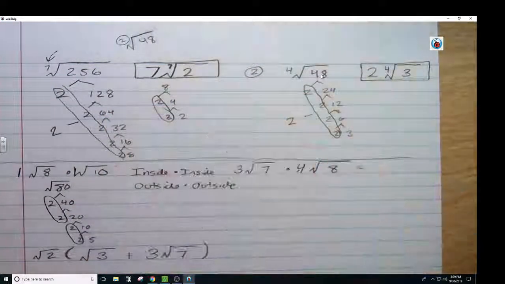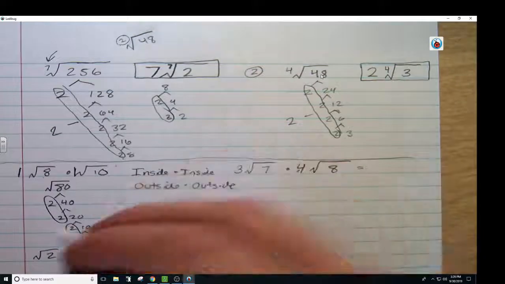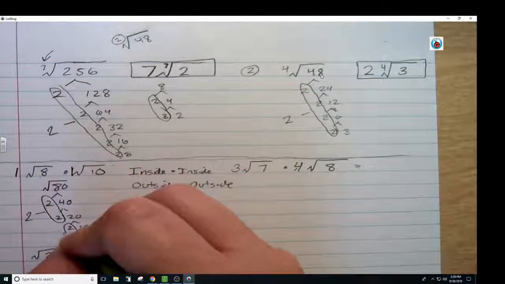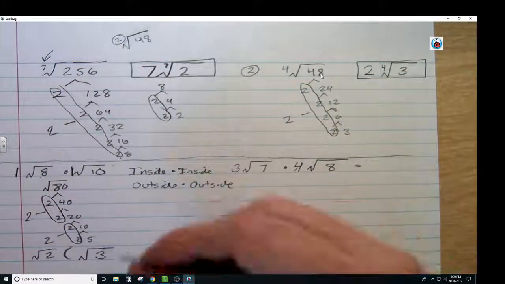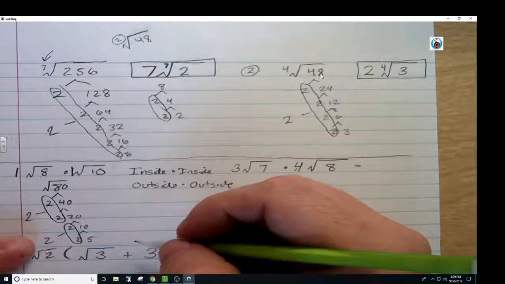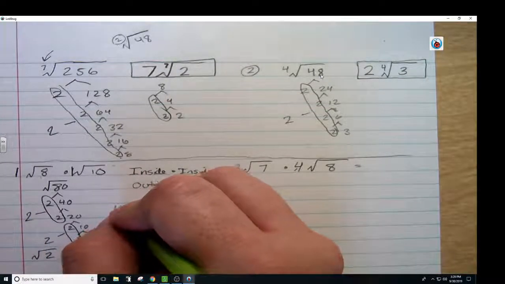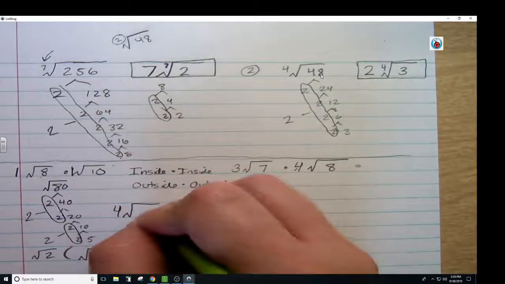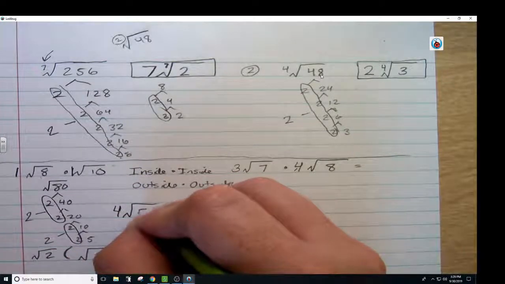So we got 2 pairs of 2's. Now we're going to multiply those together, put them on the outside, and then the 5 is going to go on the inside.